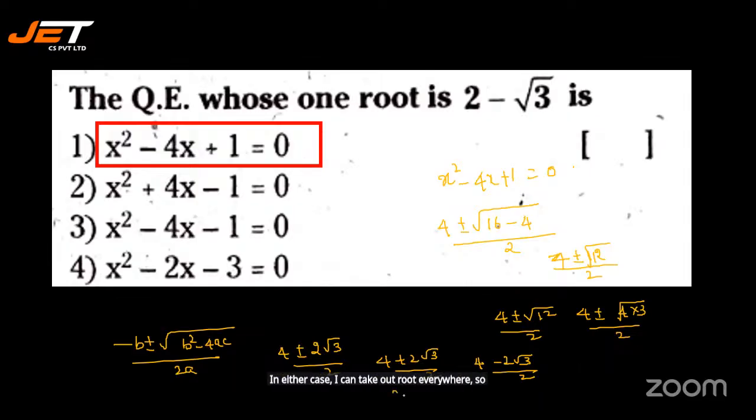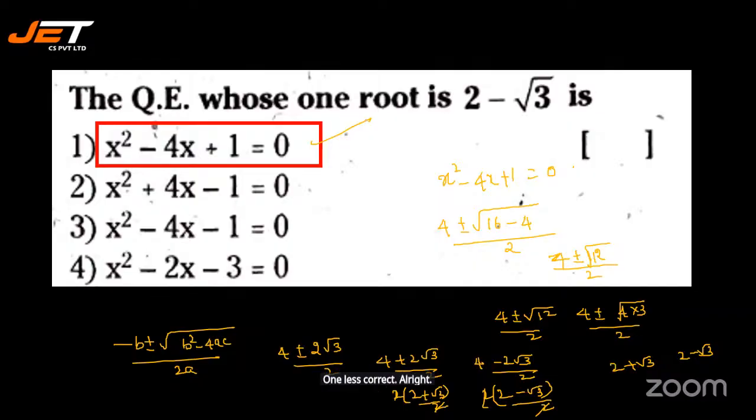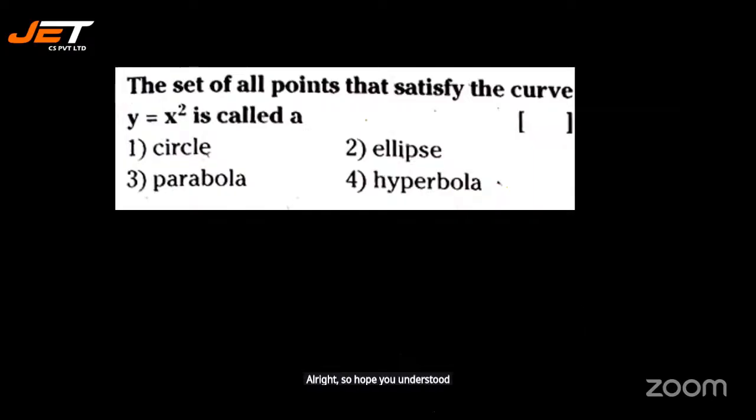So just take 2 outside: 2 plus root 3 by 2, 2 minus root 3 by 2. So the 2 will get cancelled. So I will have 2 plus root 3, 2 minus root 3. Therefore, your option 1 is correct. All right, students, this is how you should check. I hope you understood, and let's move on to the next question.